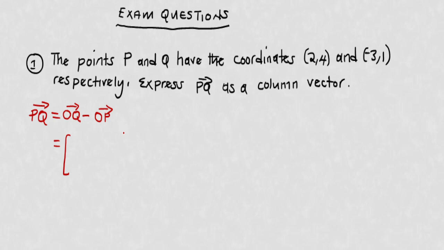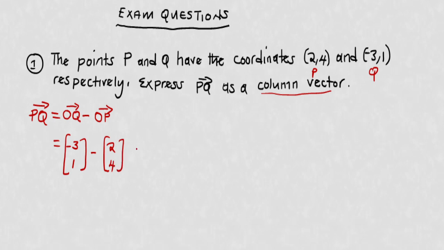Remember, the first one symbolizes P, then Q is the next, so the one that goes with Q is -3 and 1. We are writing them as columns because the question says we need to find the column vector. Then minus OP, which is 2 and 4 as a column.